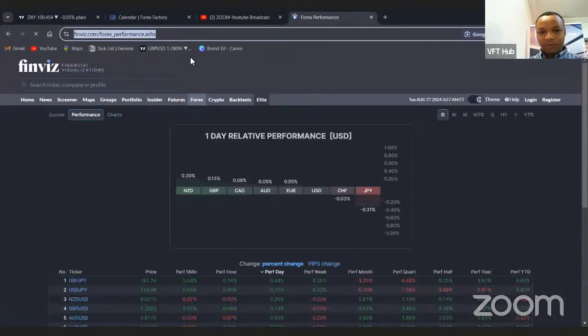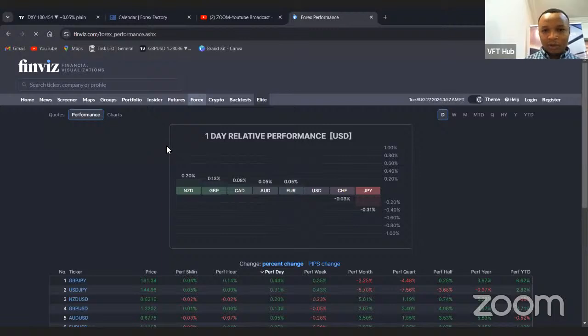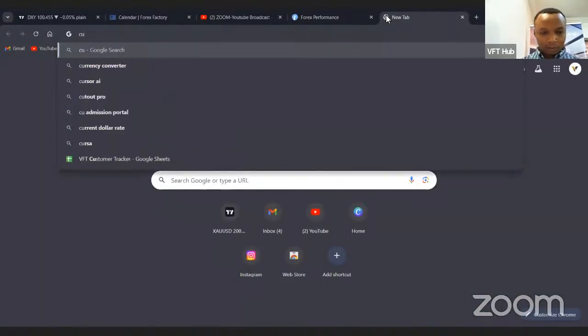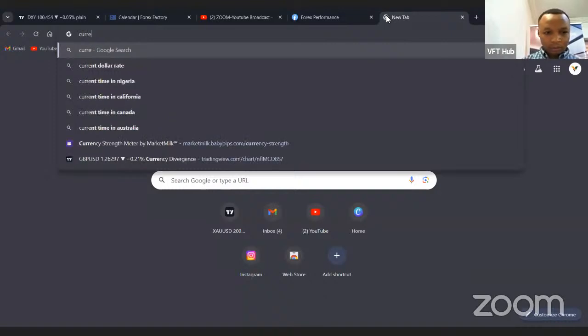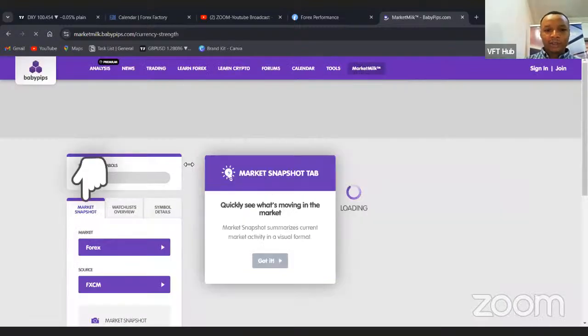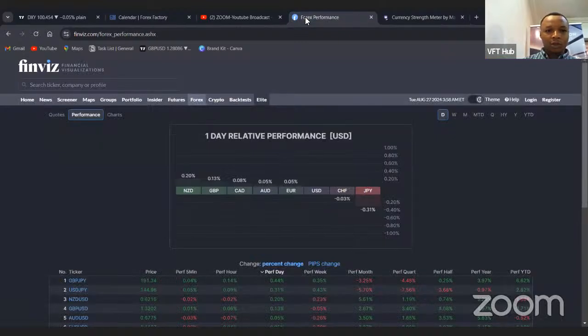All right, so this is FinViz. You can also use the currency strength meter by Market Milk. Any of the two would work.